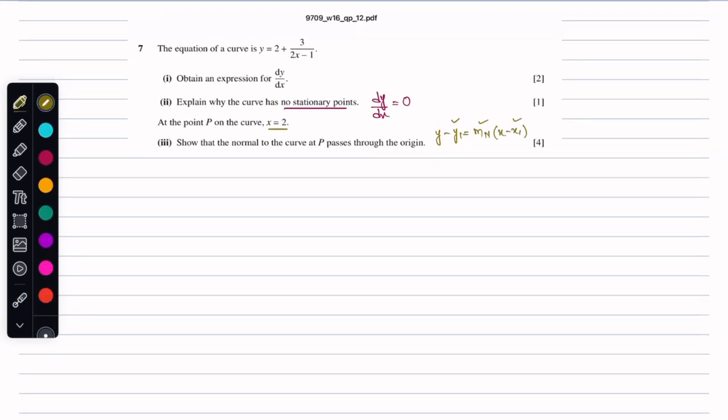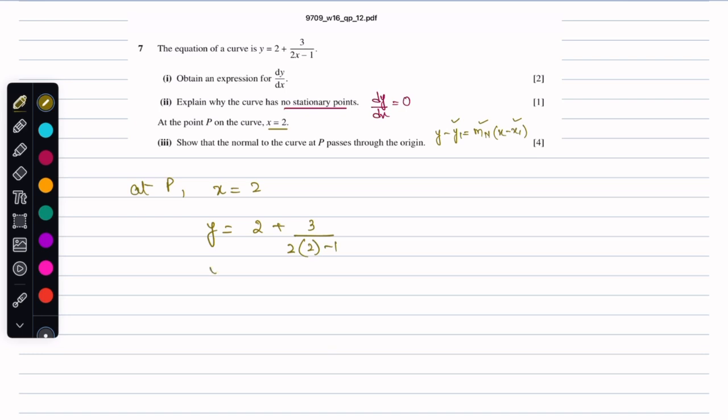To start working on part 3, I have my x, which is equal to 2. They have given us the point P. My x is 2, so I can very easily get the y coordinate by substituting this x in the curve equation.